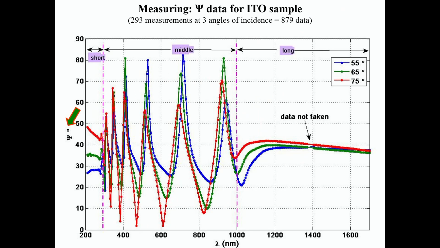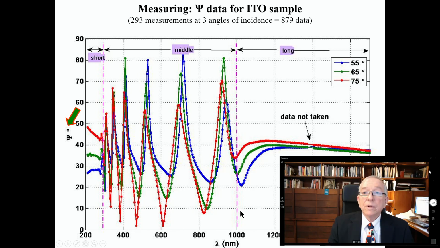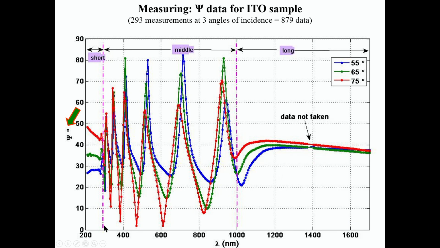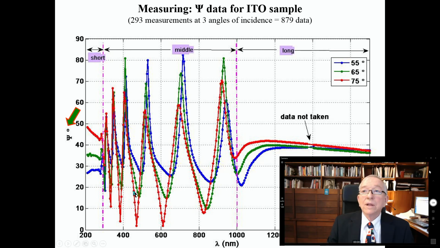That's good. This is a graph of a measured value of psi for a wavelength range from 200 out to 1700, at three different angles of incidence set for the instrument. Blue is 55, green is 65, red is 75.